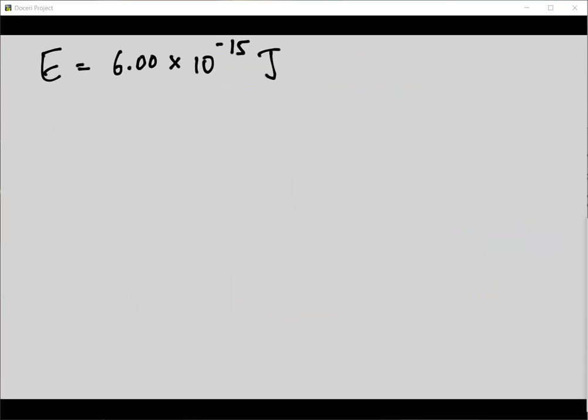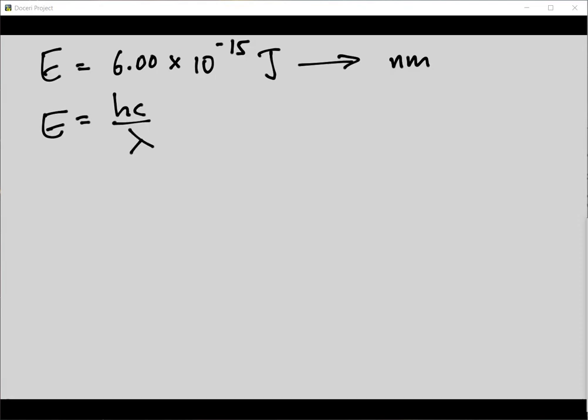How do we convert this to wavelength in nanometers? So how would you do that? Well, again, you have energy and you're looking for wavelength. So you would use that equation that contains those two variables, energy and wavelength. And there's only one that contains that equation. It's hc over the wavelength.